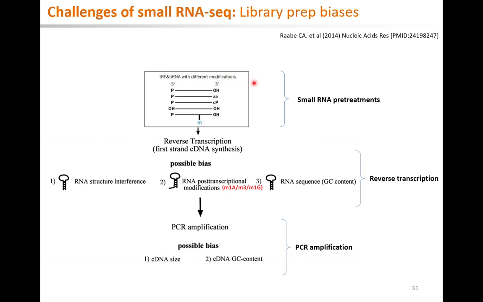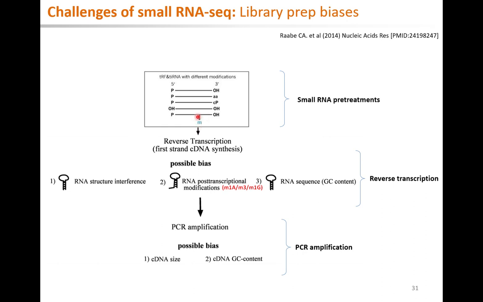These steps include small RNA pretreatments. Due to the small sizes, small RNAs require adapter ligation at both 5' and 3' ends. During biogenesis, small RNAs may not always have the 5' monophosphate group and 3' hydroxyl group necessary for adapter ligation. 5' end decapping, phosphorylation, 3' demethylation, dephosphorylation, and internal demethylations are required.